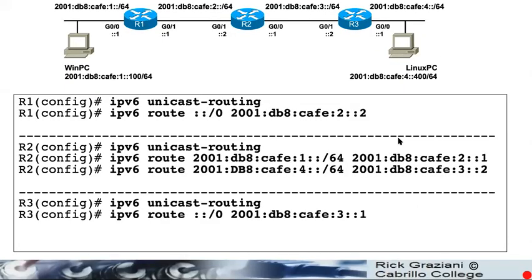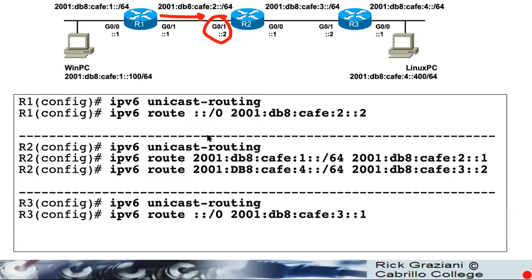If I wanted to do some verifying, what I've done here is I've actually added some static routes. We'll talk about this later. On router R1, I've created a default route to send all packets to router R2 for all remote networks.